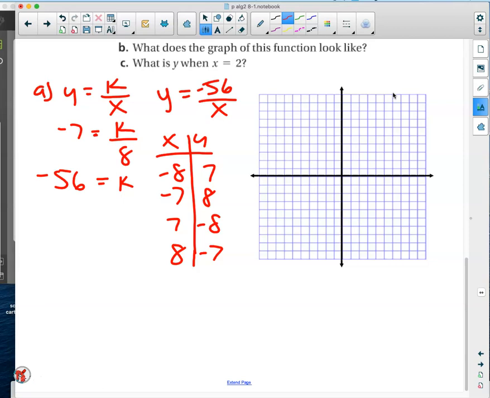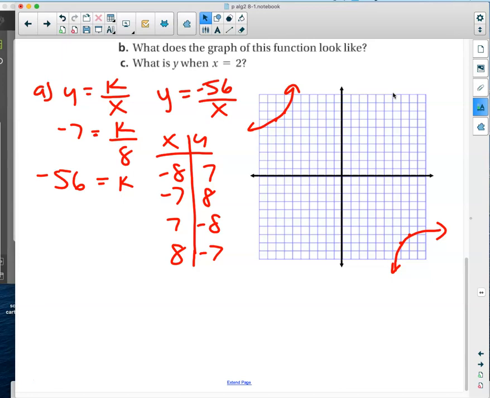So let's graph them. We've got 7 and negative 8. 8 and negative 7. Negative 8 and 7. And negative 7 and 8. Wait a minute.